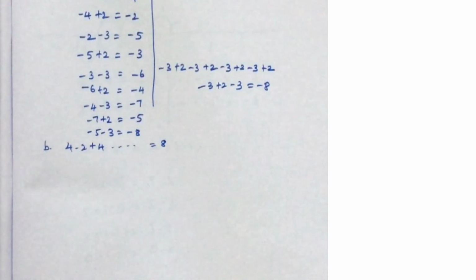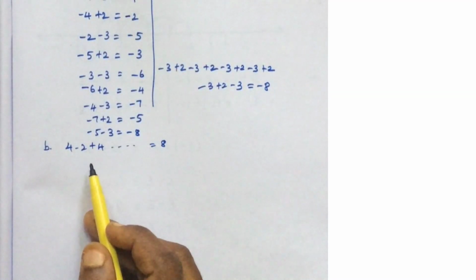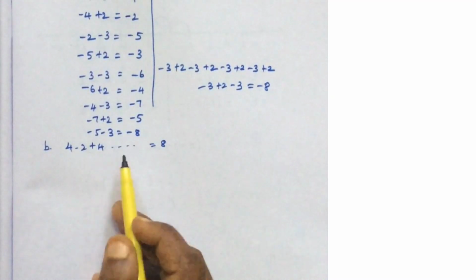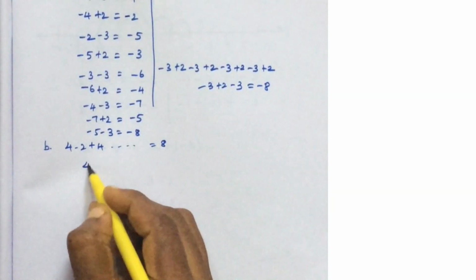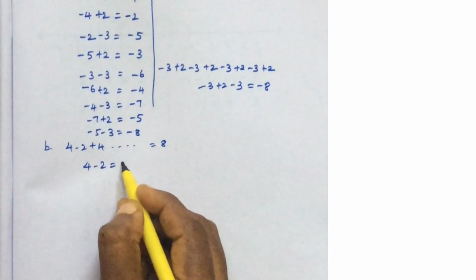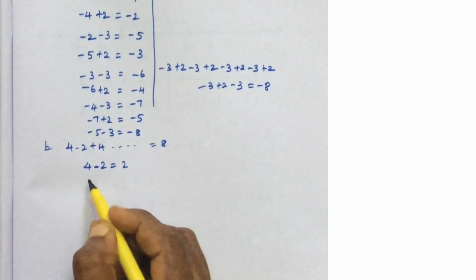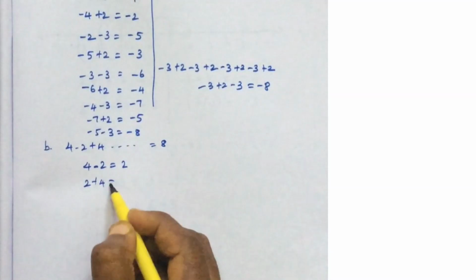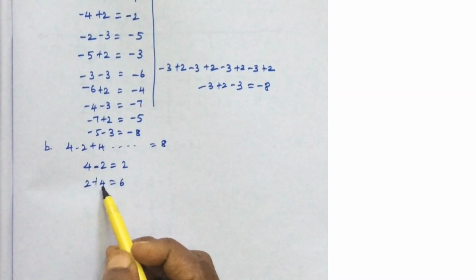The next problem is the same thing, that is plus 4 and minus 2. You have to add plus 4 and minus 2 repeatedly till you get 8. So, we will start like this. 4 minus 2 is 2. Again plus 4, 2 plus 4 equals 6.